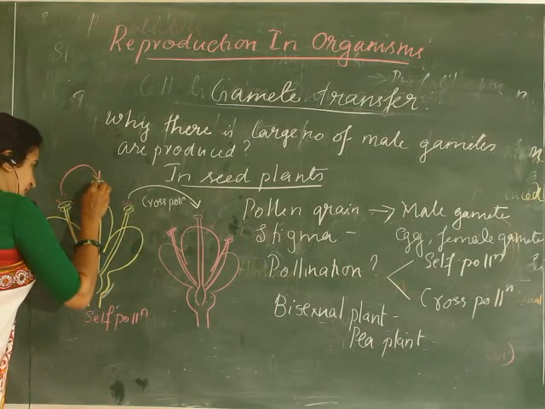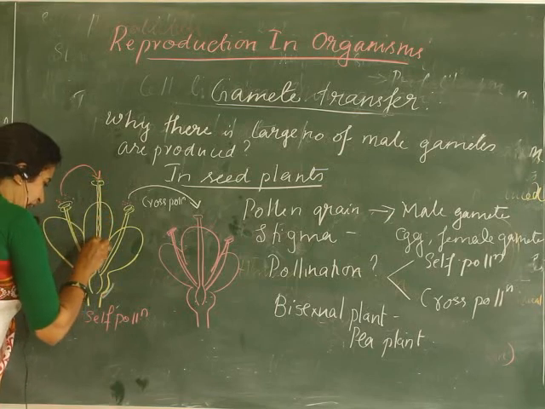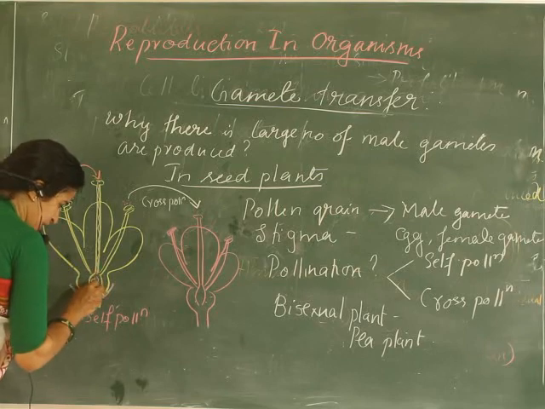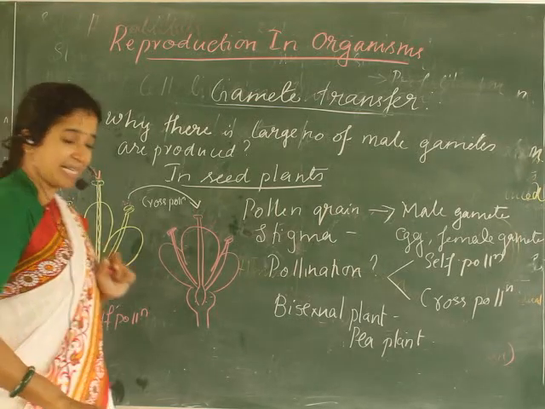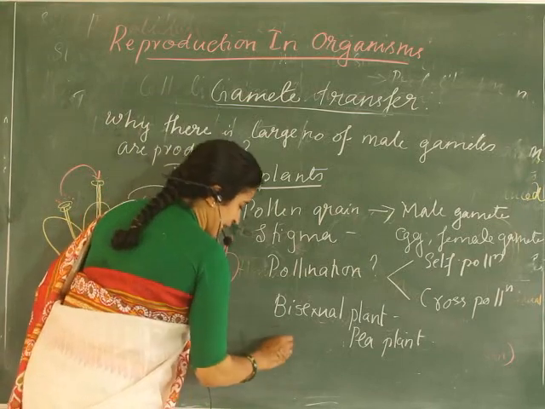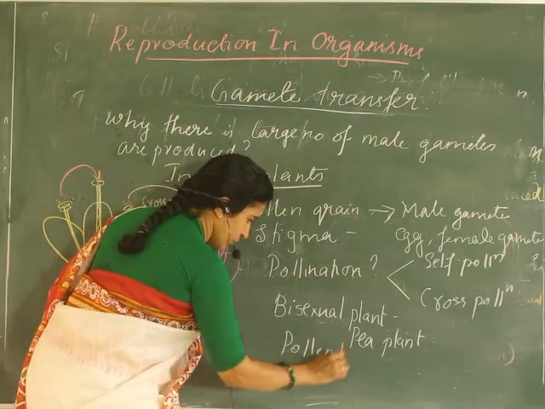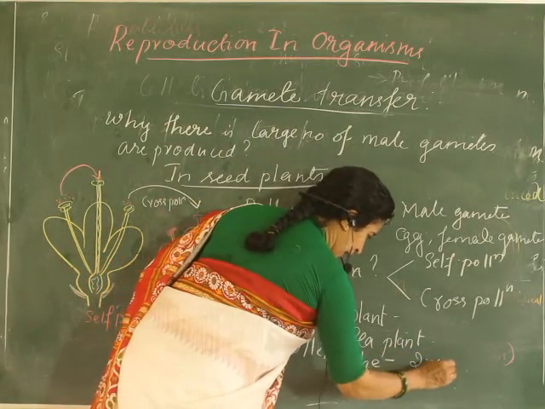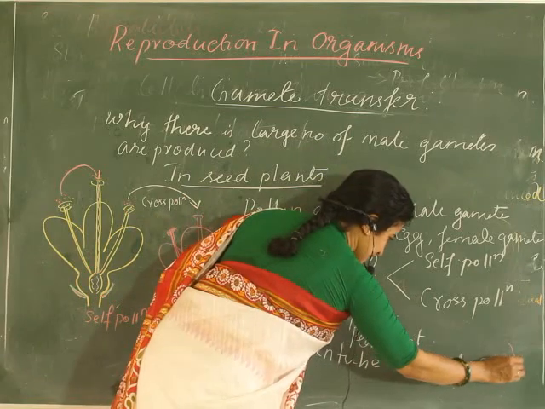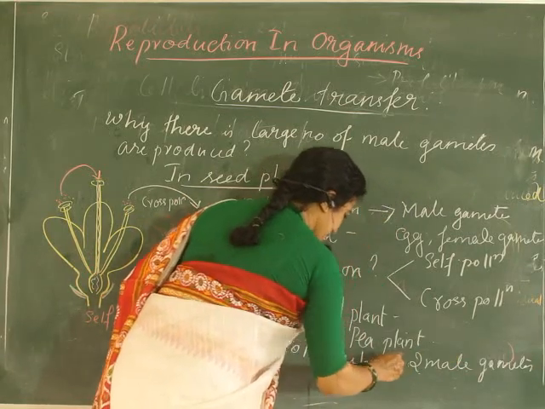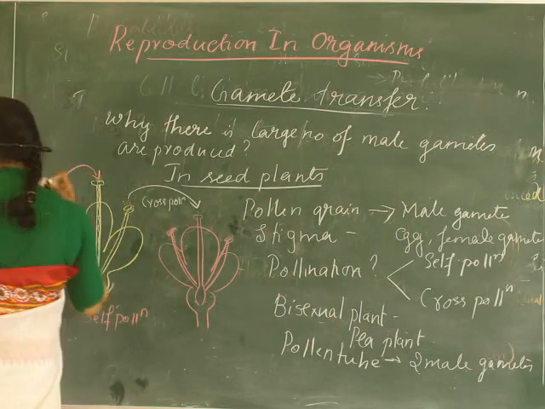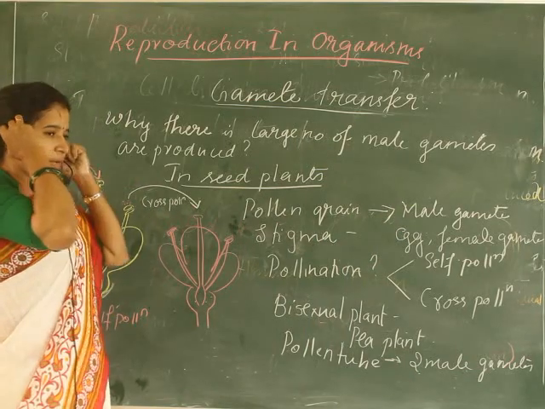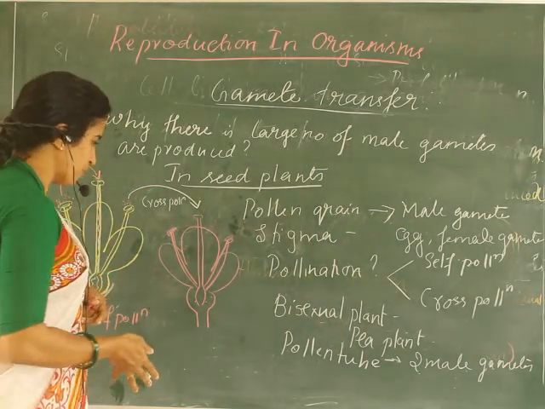The pollen tube carries the male gametes. How many male gametes can be carried? Two male gametes. The pollen tube carries the two male gametes through the stigma to the ovary, and fertilizes the ovule, which results in the formation of seed.